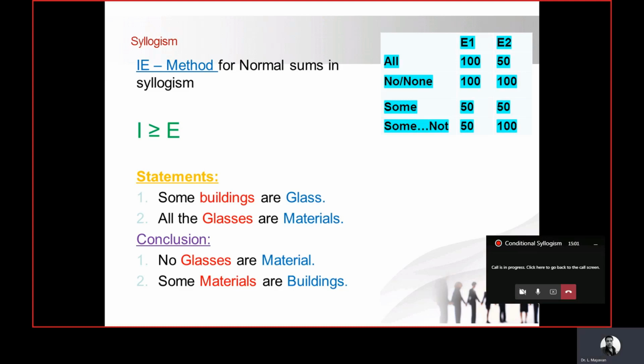As we consider, the income should be greater than the expense, and we have to consider this point in order to work out syllogistic statements. I hope I have been clear, and you will understand very easily when you follow this simple logic, this simple table, to work out the exercises on syllogisms in all the competitive examinations as well as in the placement questions.